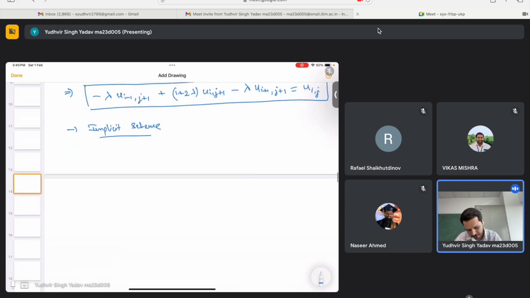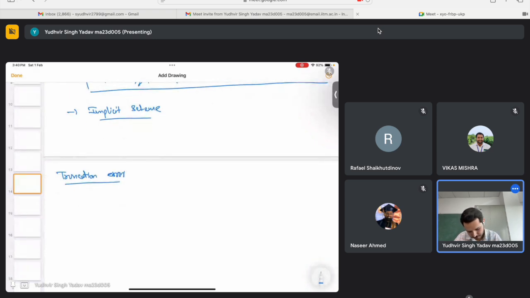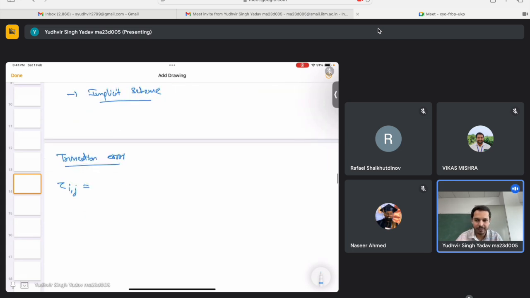Now again to find the truncation error, we simply substitute the Taylor series expansions and cancel out the terms. So I will write one or two steps only. Say tau ij is the truncation error. And again del u by del t minus del 2 u by del x square is taken on the left hand side.